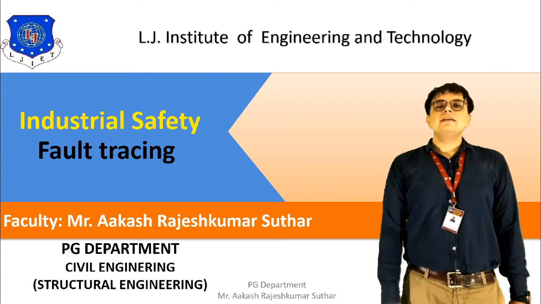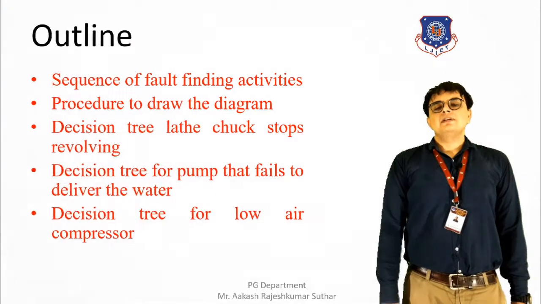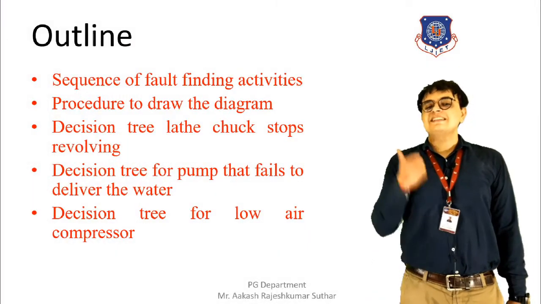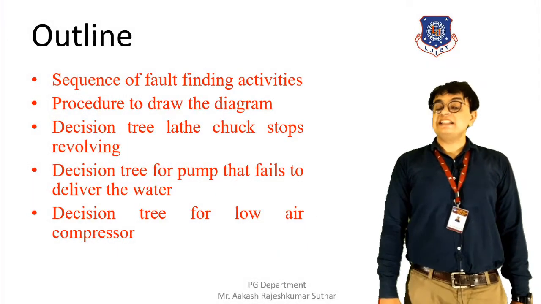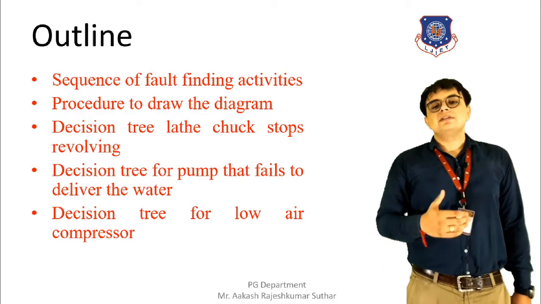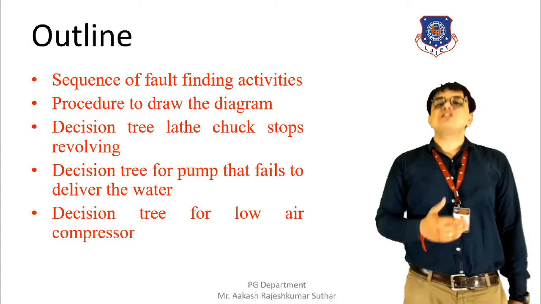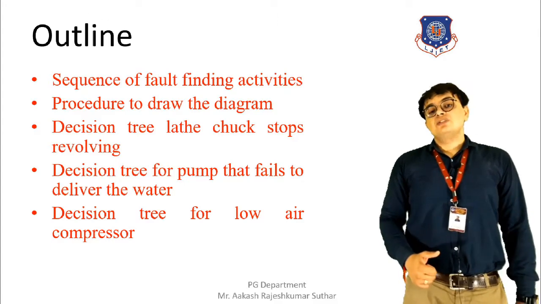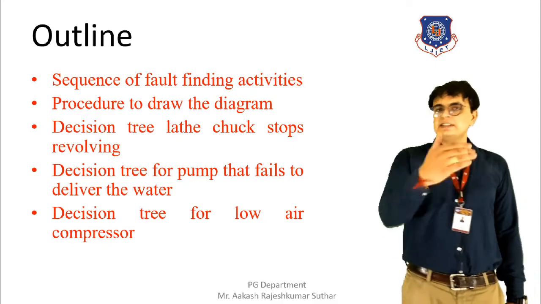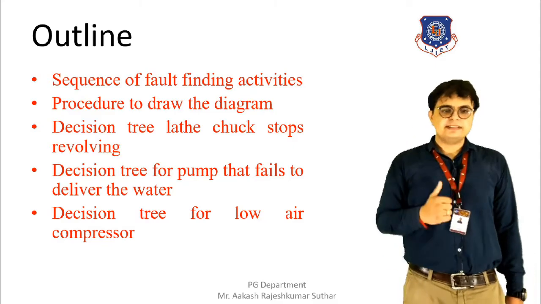For that, first we will see the outline of the session. Basically, here we are going to discuss the sequence of fault finding activity, and how the fault finding activities are arranged. The procedure to draw a diagram, particularly a decision tree diagram, will be discussed.